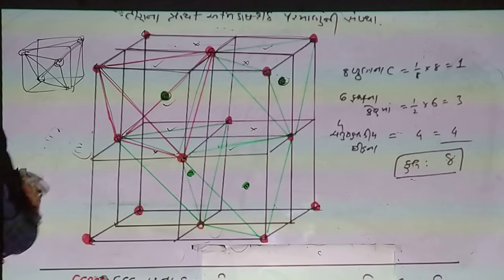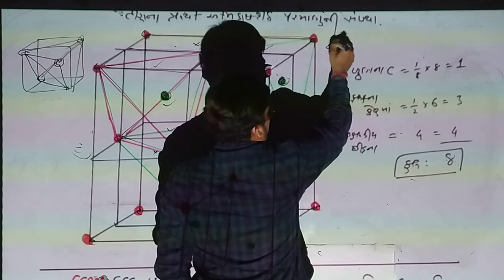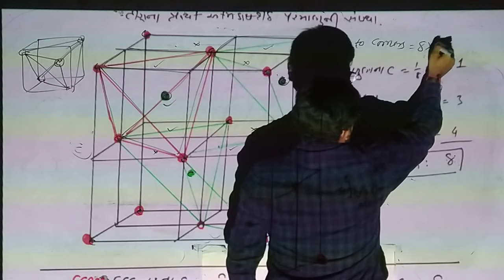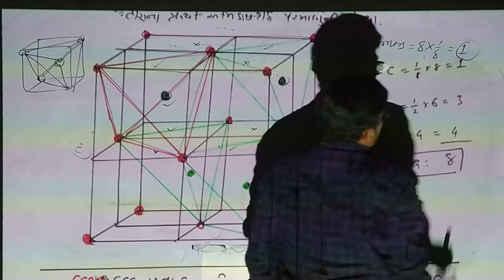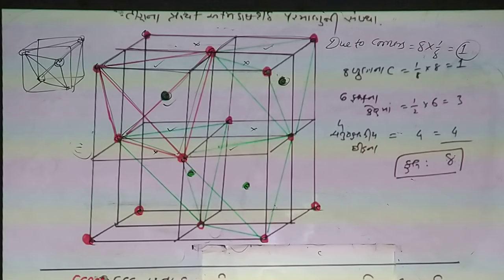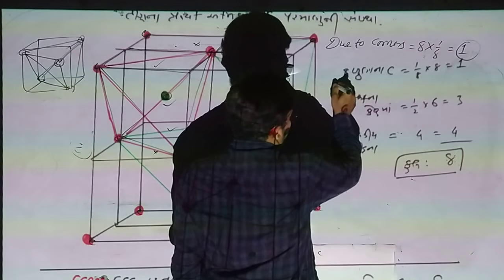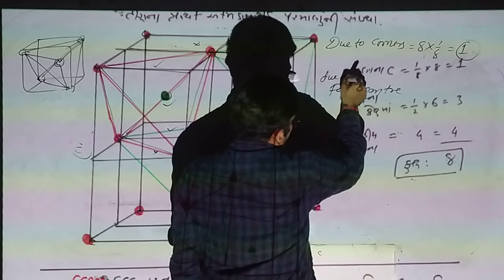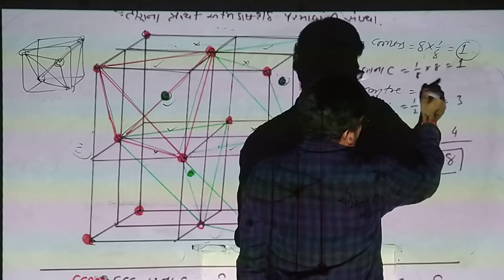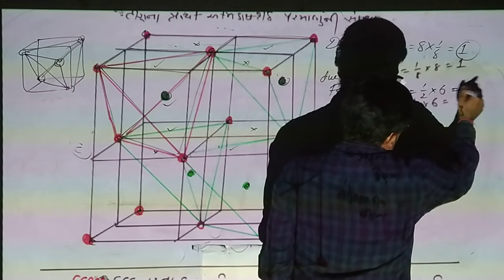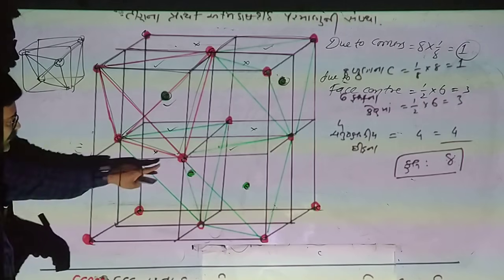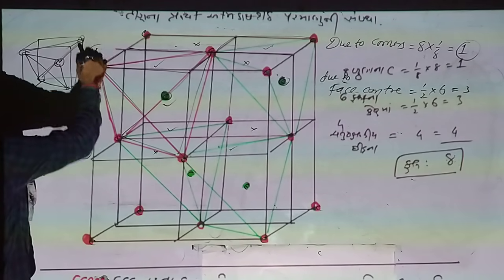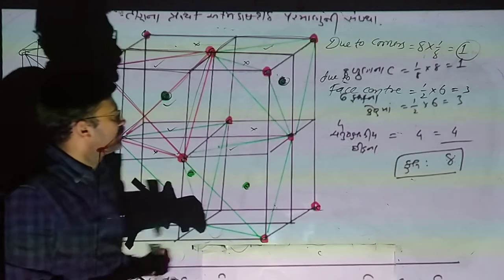So due to corners, 8 into 1 by 8, so 1 due to corners, and on face center, 1/2 by 6, so 3. 1/2, 6 times. 1 by 8, 8 times, so it is 1 carbon.